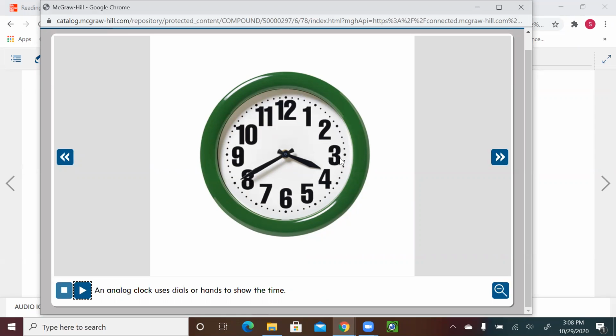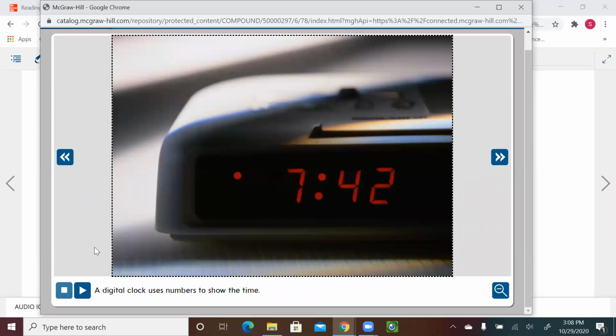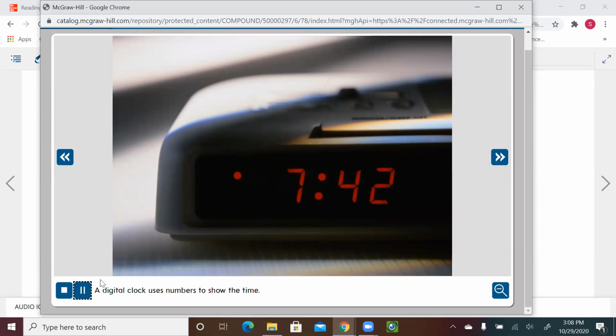And over here, we can see the numbers. A digital clock uses numbers to show the time. This is like what you probably see in the car, the radio, the digital clock that shows you the time using numbers.